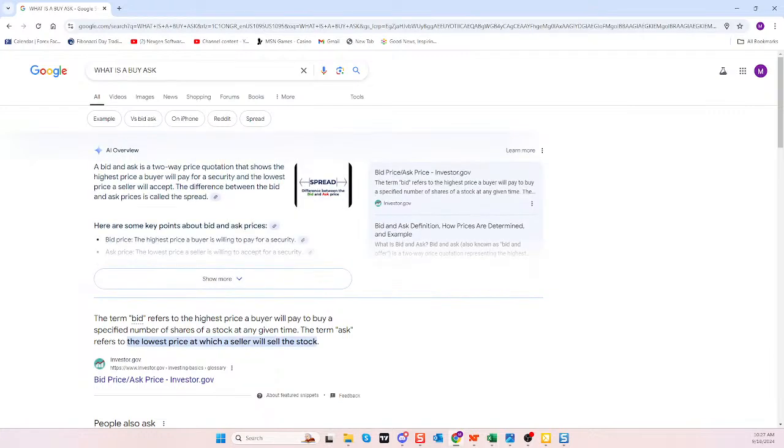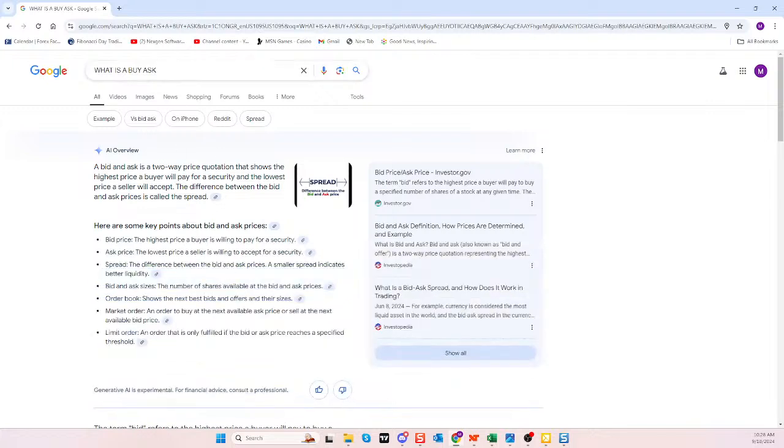It's a two-way price quotation that shows the highest price a buyer will pay for a security and the lowest price a seller will accept. I don't need that. I know you guys that like to know everything, it bugs you when I tell you I don't know and you don't need it. But I promise you, I don't know and you don't need it. Google has all of your answers if it's important.